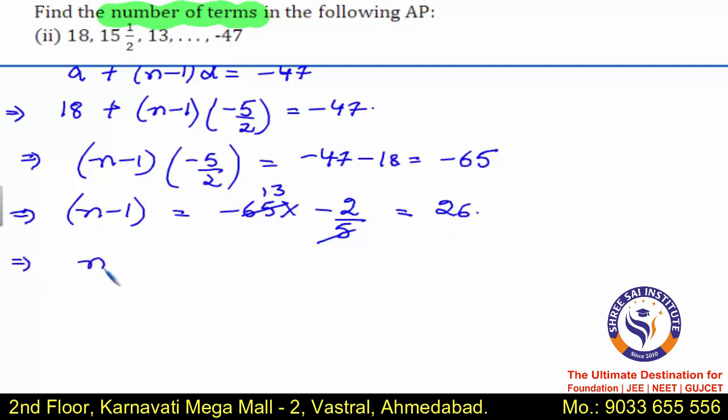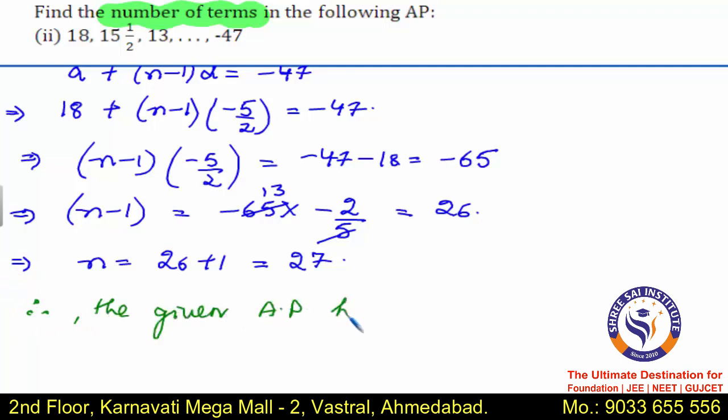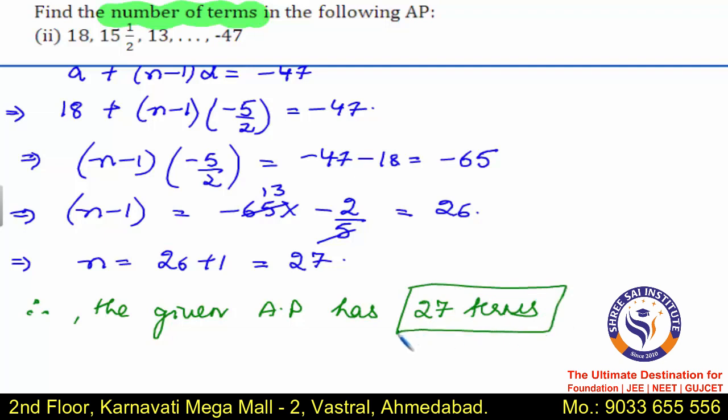This further implies that n is equal to 26 plus 1, and this is equal to 27. Therefore, the given AP has 27 terms, and the 27th term is minus 47. This completes the solution.